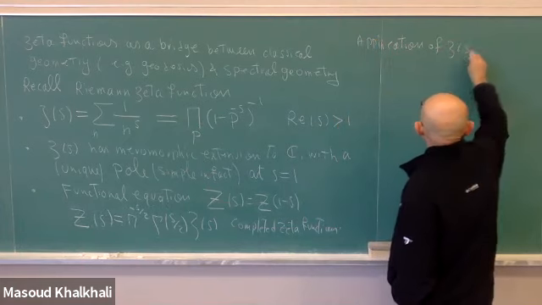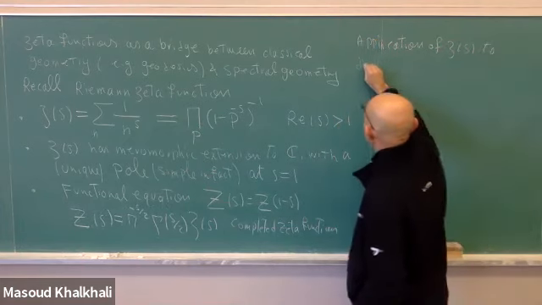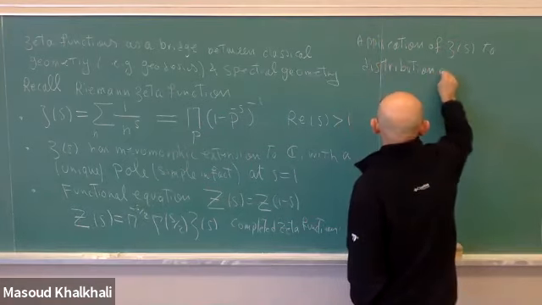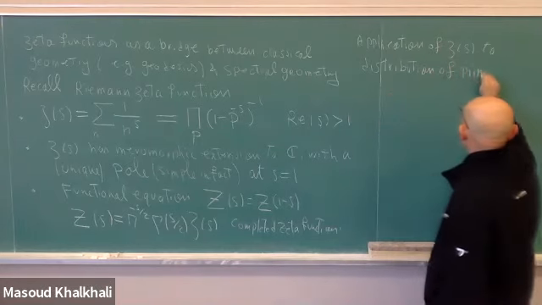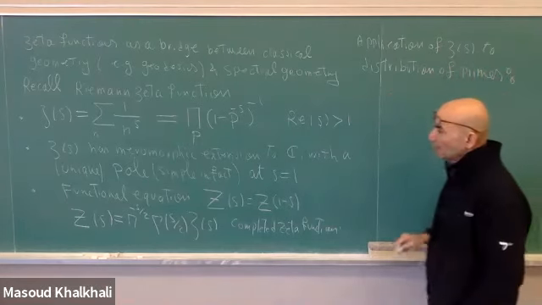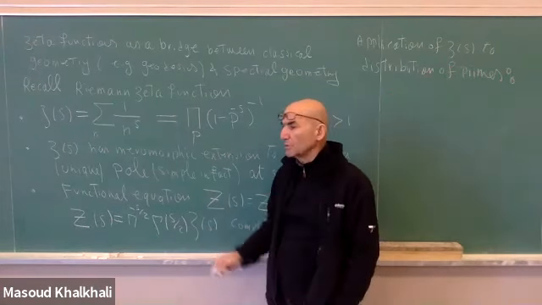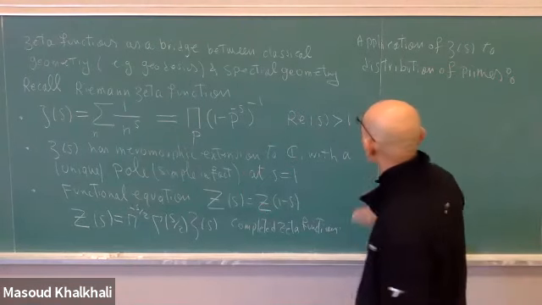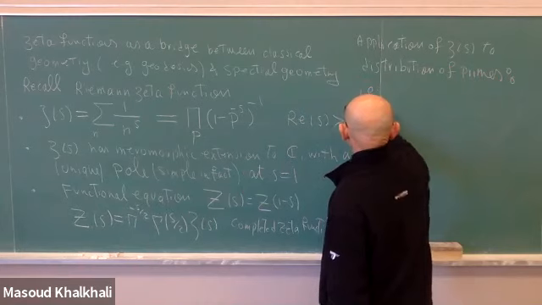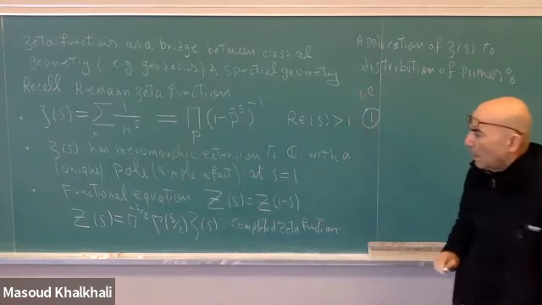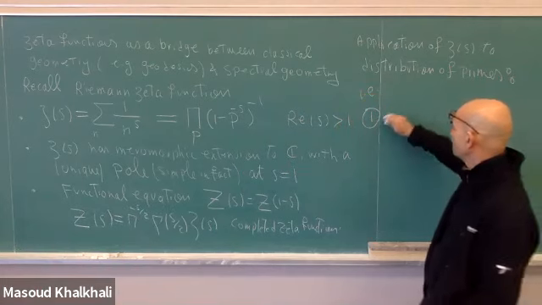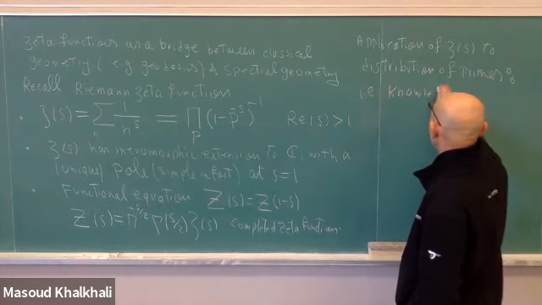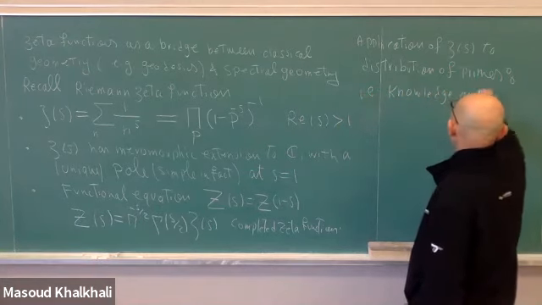I mean, basically, zeta of s to distribution of primes. More precisely, what is related to distribution of primes is information about zeros of zeta. So let me put it like this: knowledge on the location of zeros of zeta gives information on the distribution of primes.